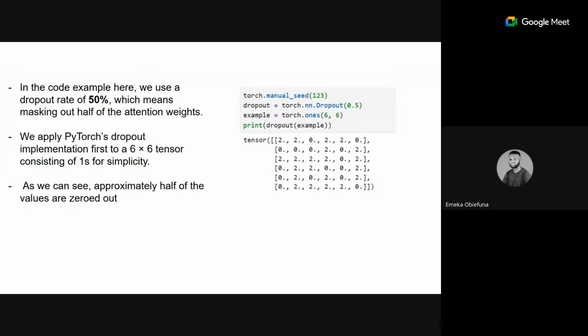To contextualize, I created this tensor of 6x6. When you call this dropout on the example, you can see that it randomly drops out some positions in your tensor. The places that you are seeing 0, 0, 0, those are the places that it has dropped.